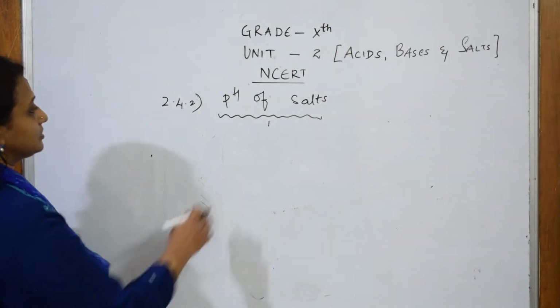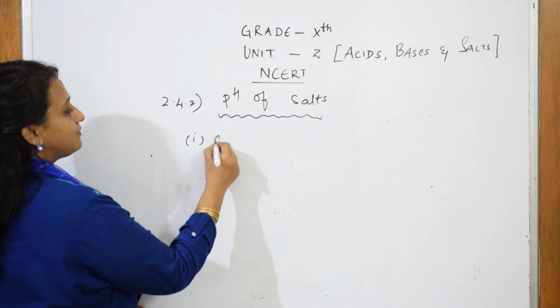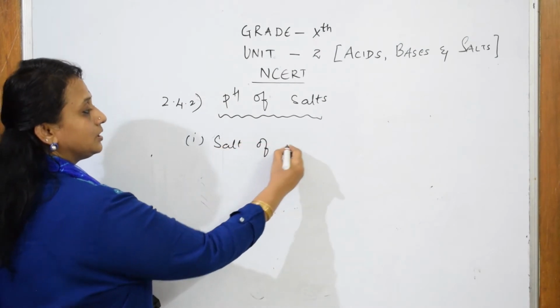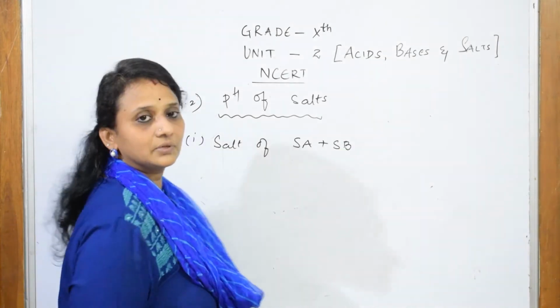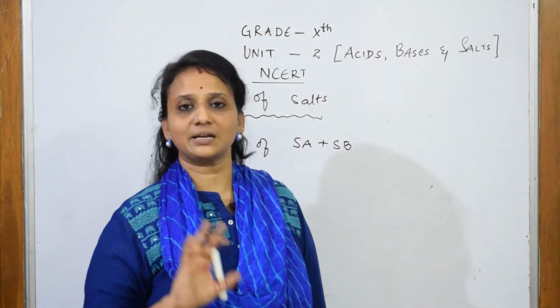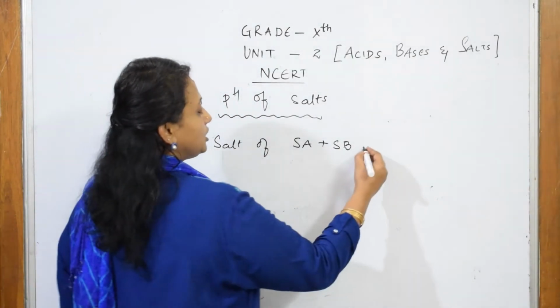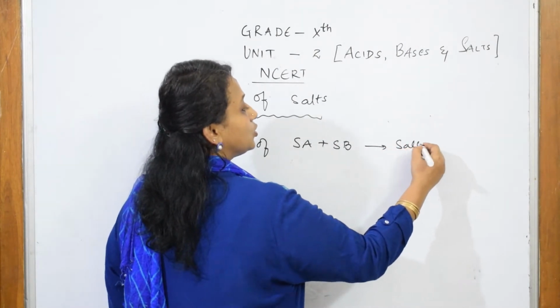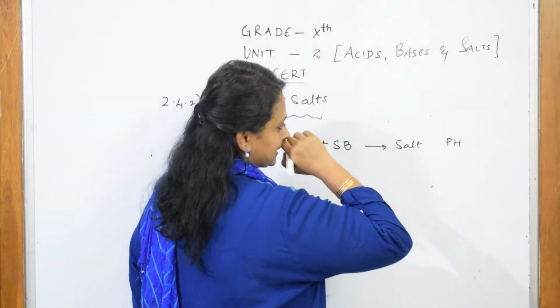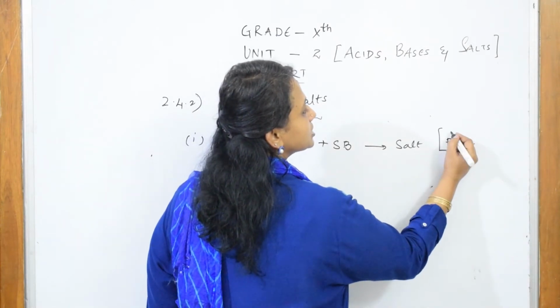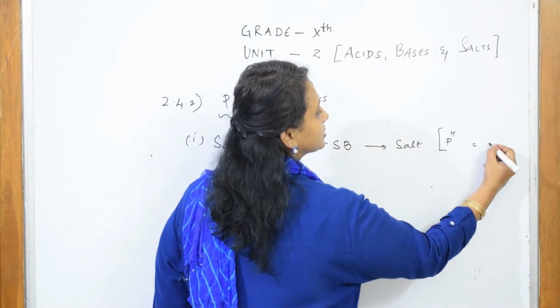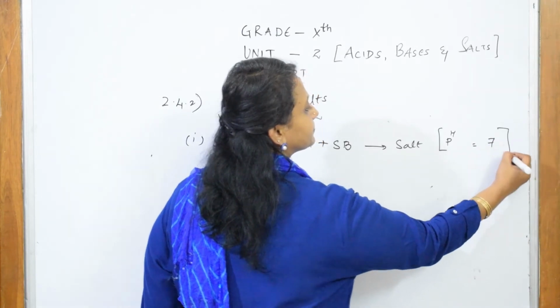But the important thing is, whenever you have a salt of strong acid and strong base, we very well know a salt is formed by an acid and a base combination, you will get a salt whose pH is neutral, equal to 7.